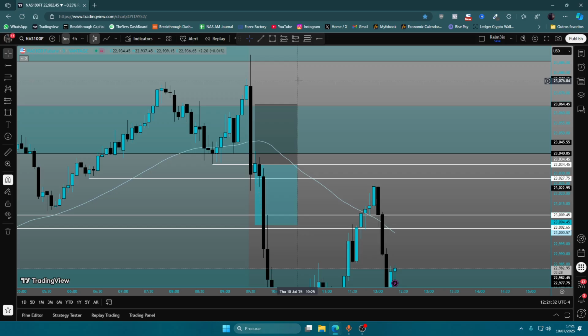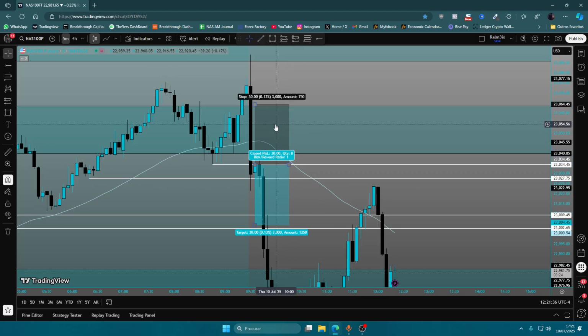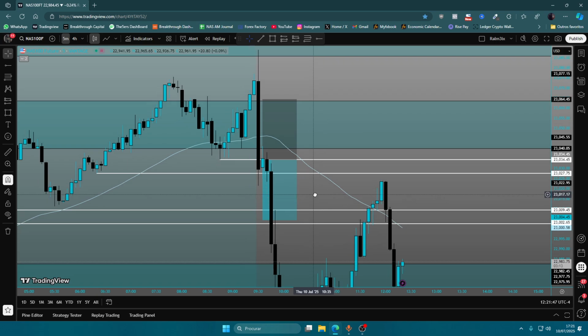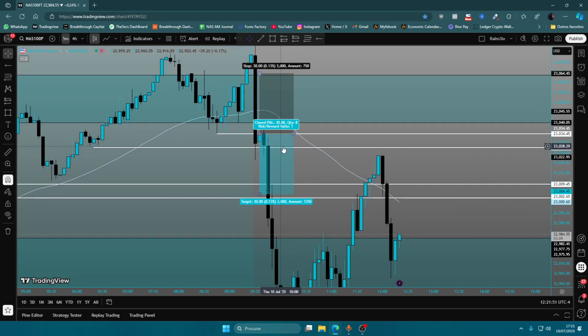But I return again to the 30 pips SL. I started with 25, and that is fine too. It's not very different from 30, but I prefer 30 because it's a rounded number. And yeah, use 30 to catch 30, basically.